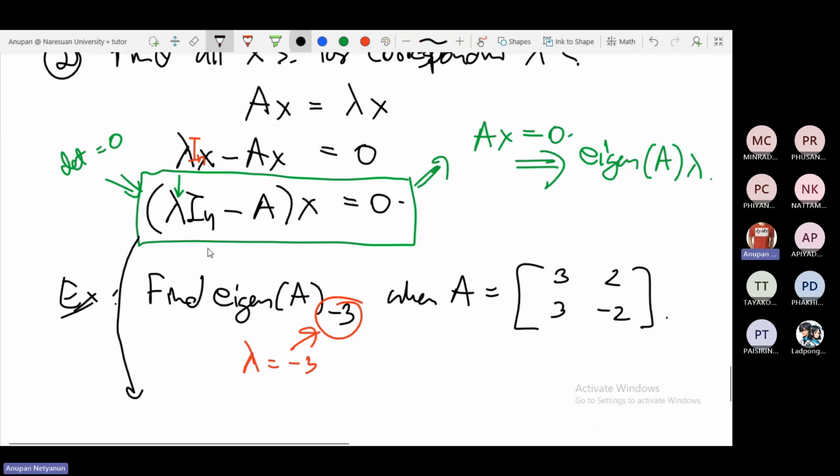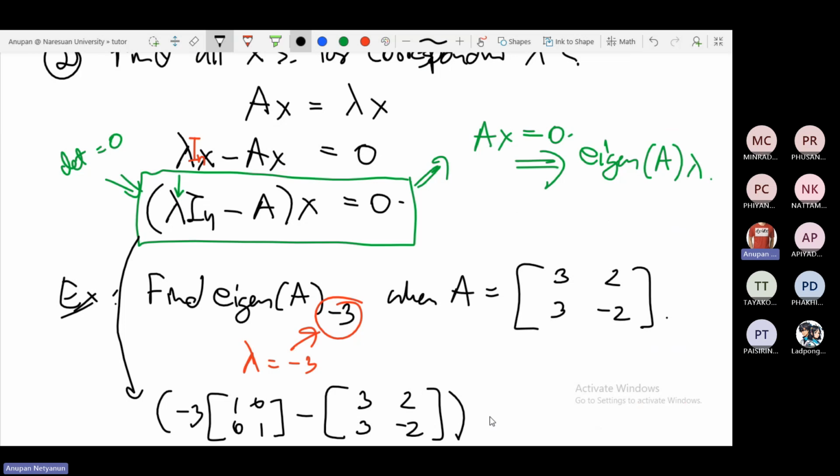your lambda is -3, so I have -3. Now you talk about a 2 by 2 matrix, so this one is I2, then minus your A, which is [3 2; 3 -2], and then times x is equal to 0.